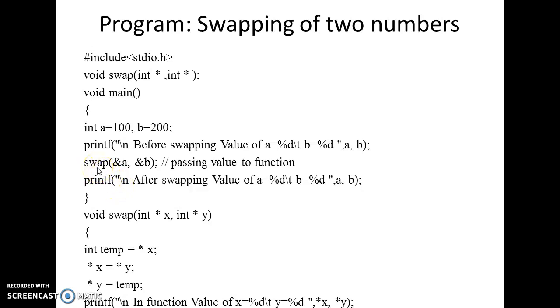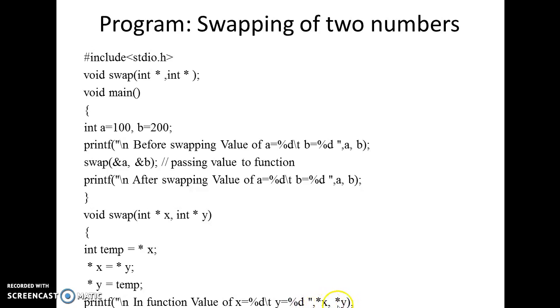So once the function is called, the control is transferred to the swap function definition. It has return type void, swap(int *x, int *y), pointer x and pointer y, because to hold the addresses we need pointer variables. This is the swapping procedure, and here we want to print the values of x and y in the function itself.